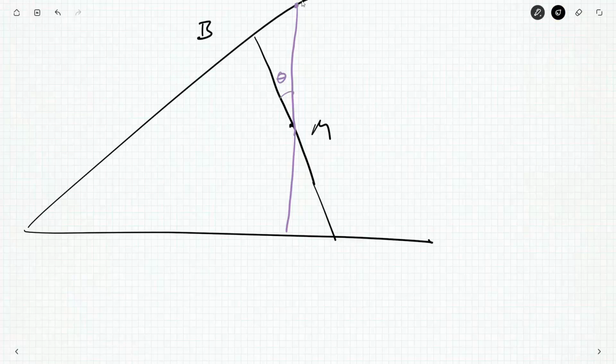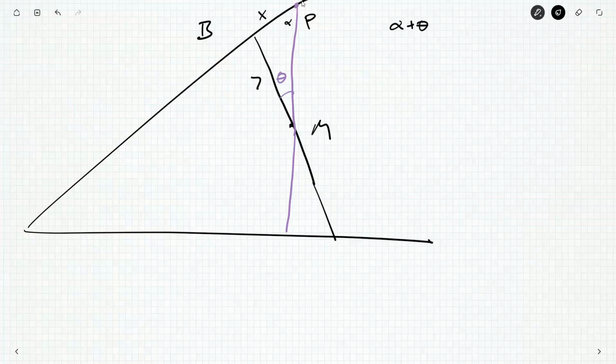So there's B, and we want X. We've got 7 here. There's P up there. So I'll call the angle at P alpha. So alpha plus theta is the angle at... Actually, we'll call it the angle at P, just to be consistent.